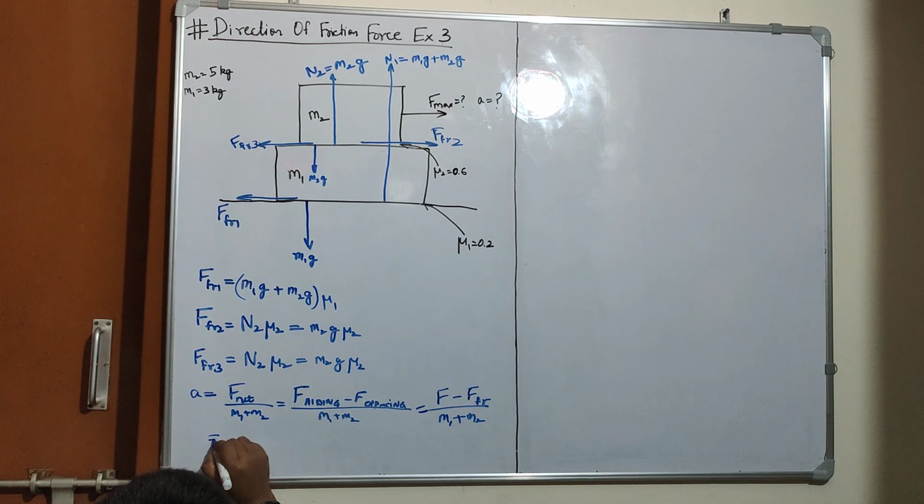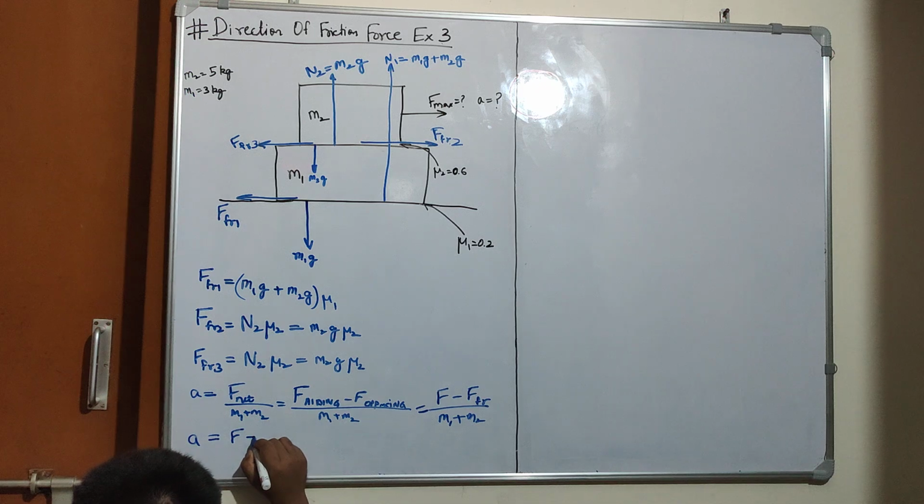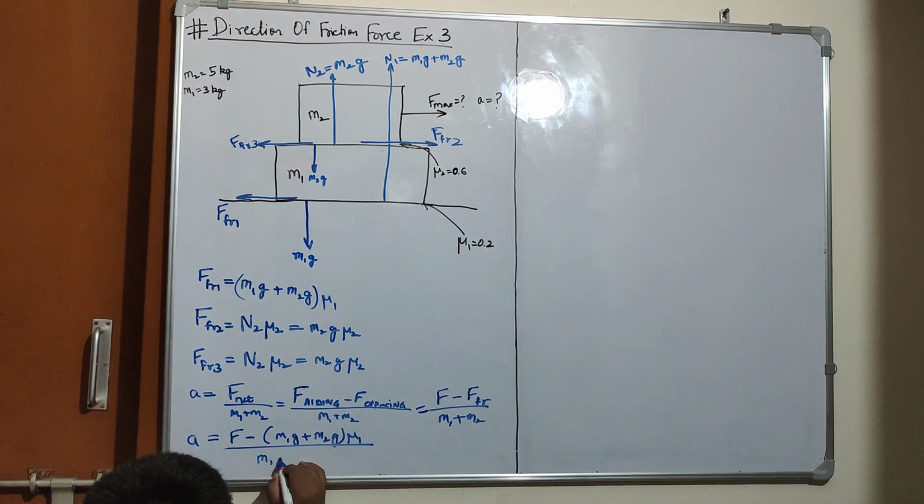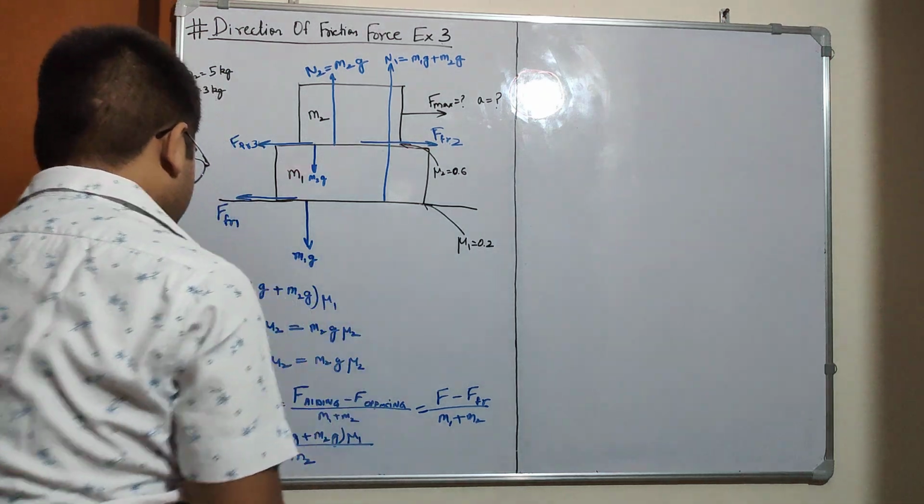Then we have acceleration equals F minus m1g plus m2g times mu1, divided by m1 plus m2. So this is the acceleration value.